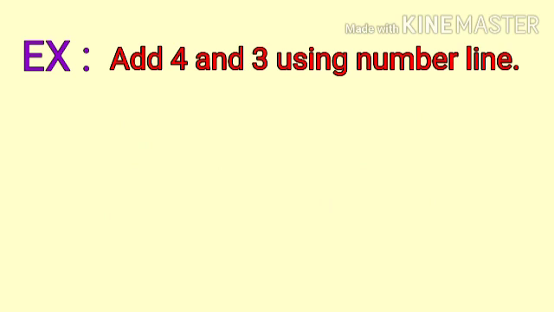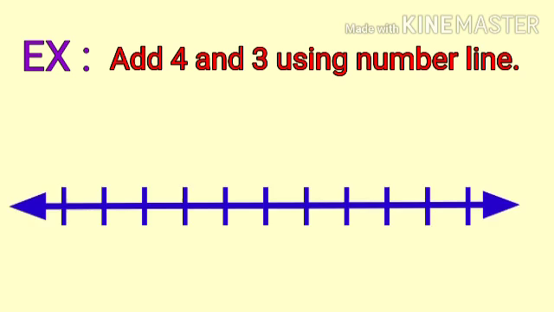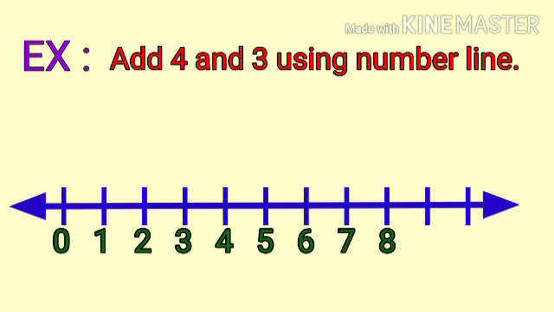To add these two numbers, first we should take a number line with numbers from 0 to 10. While doing addition on number line, we should take forward curves or forward jumps.